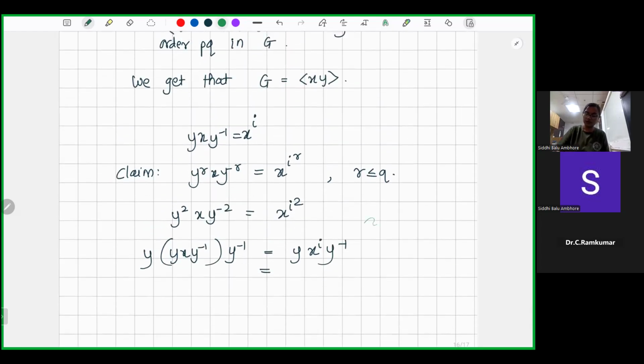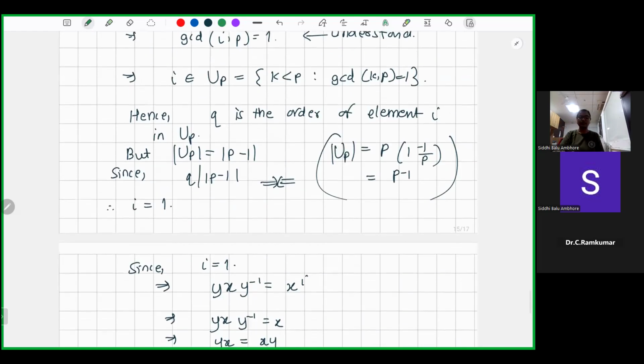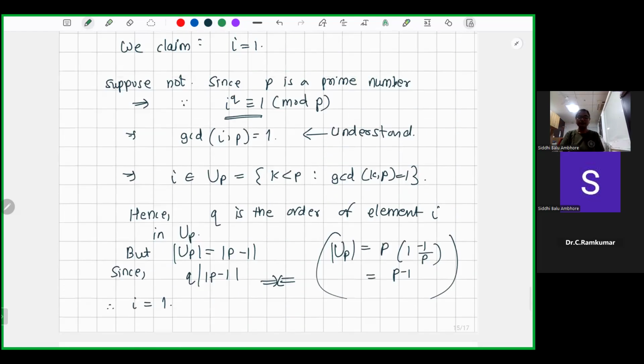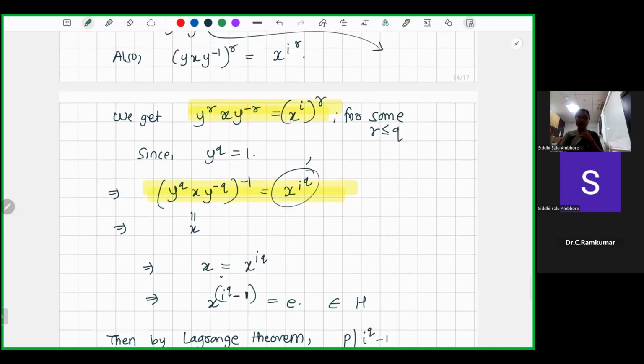Please try to prove this, because we have extensively used this to arrive at the conclusion about the order of y here.